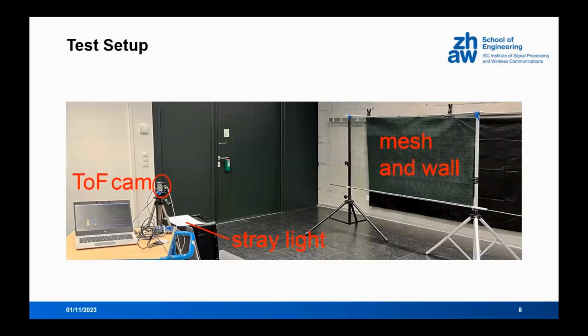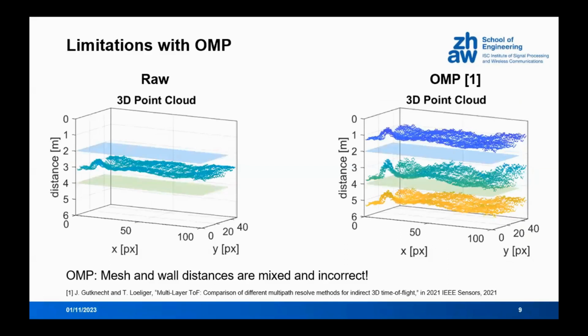So what are the limitations of the previous work? To show that, we set up a measurement with the mesh at 2 meter distance from the camera and the wall at 4 meters distance from the camera. So the difference between these two objects is 2 meters. On the left side, you see the raw image measured at only one single distance frequency.